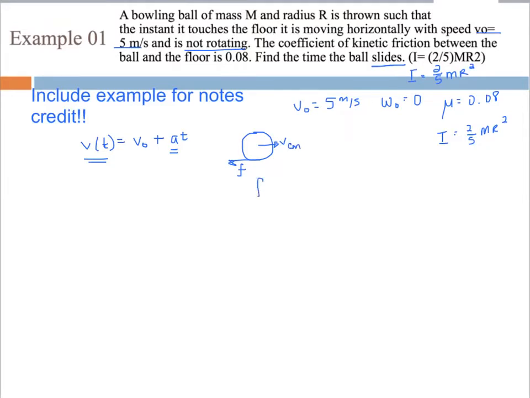So my friction is going to be equal to my mass times acceleration. These are the net forces in the x direction. Again, friction can be written as mu times my normal force, or in this case, mu times mg is equal to mass times acceleration. And here you can see that the masses will cancel out, and you're left with an expression for your acceleration.